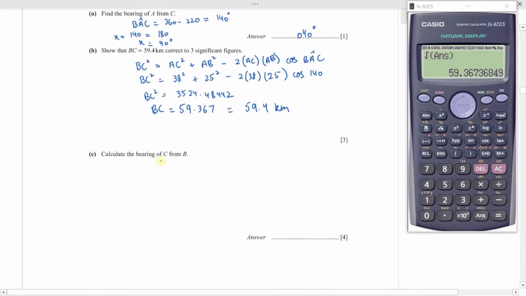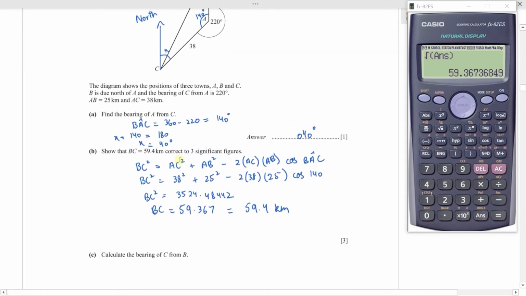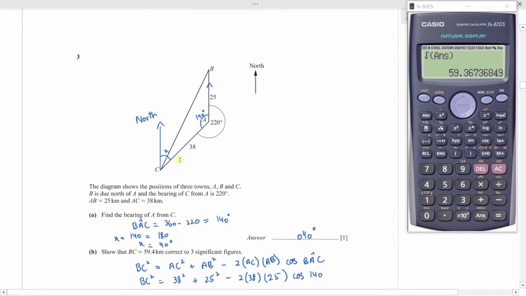The next part is to calculate the bearing of C from B. Bearing of C from B. So let me draw the north line here. If I draw north of B, which will be this line, this is also the north.